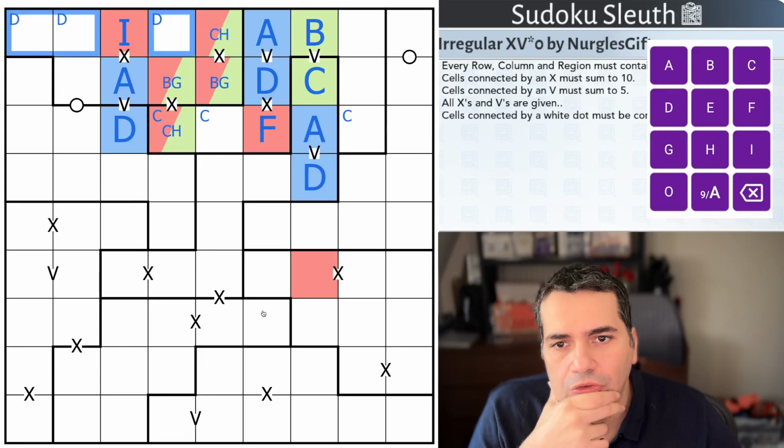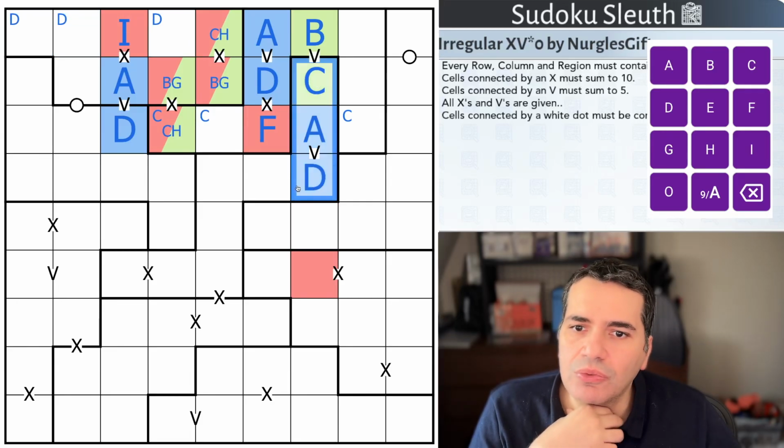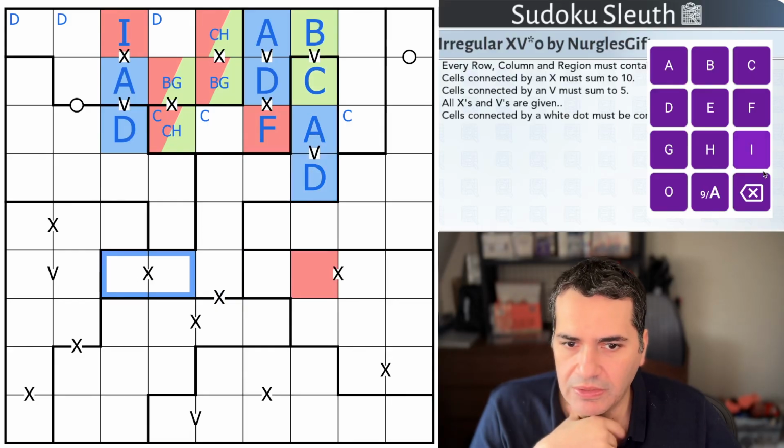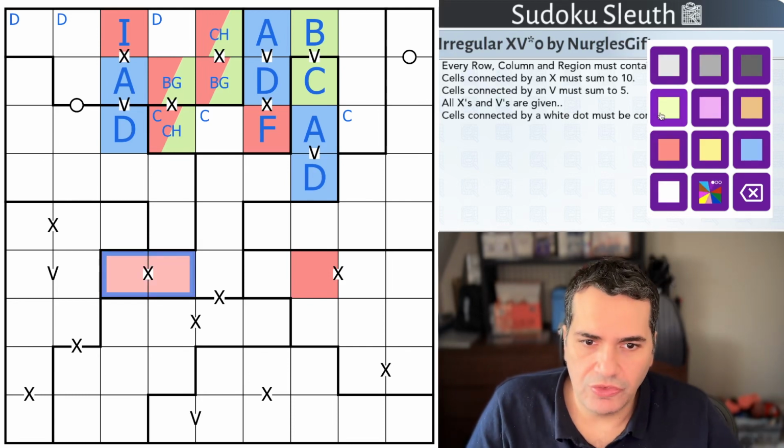It's highly unusual that it's a struggle to color this much, but it could be that it's not that difficult. Yeah, because I'm ignoring the irregular Sudoku. I've already placed D, A, and C. I can't possibly have anything but B and H in here.